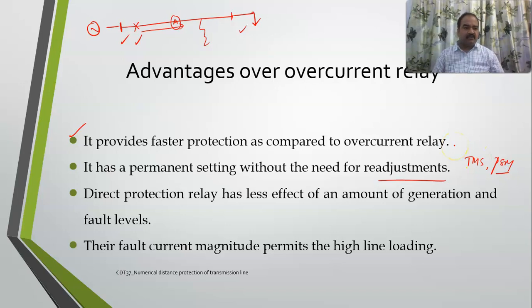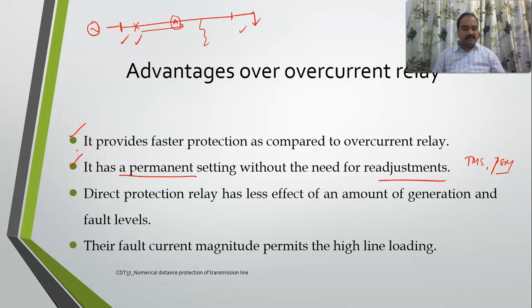In case of a distance relay, you don't find any such readjustments. It will be having a permanent setting. It will be just measuring your voltage and current, and based upon that, it will be giving you measurements. So a permanent setting is advantageous all the time when compared to every-time adjustments. So that's why distance relay is preferred.